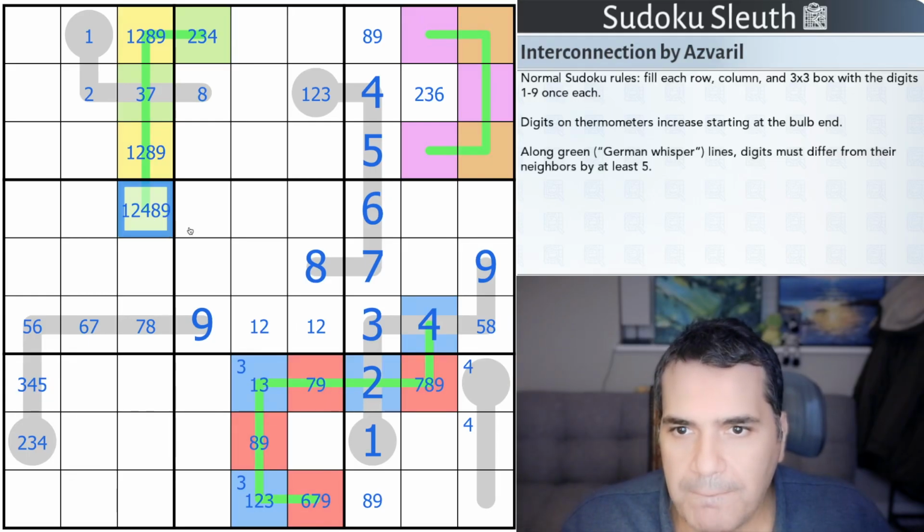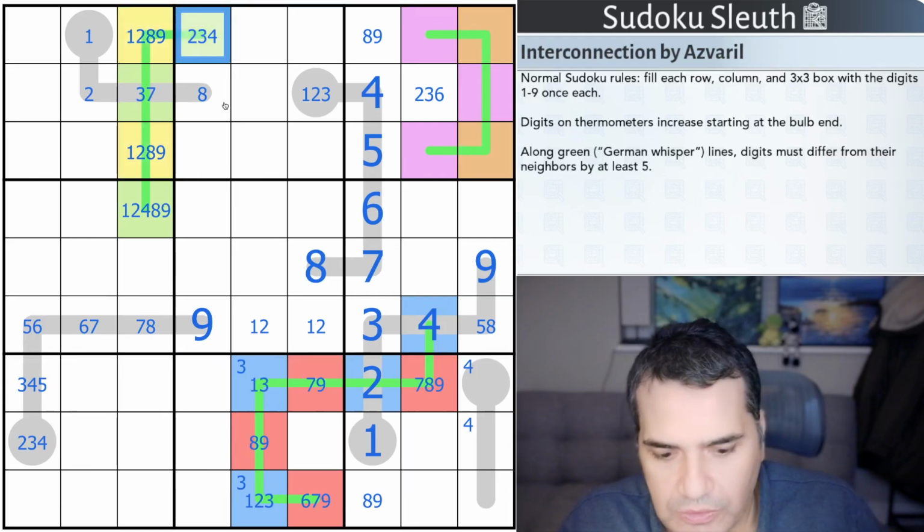Interesting. And then this high digit wouldn't be 9 or 8. Next to the 1 or 2, this would be 6 or 7.